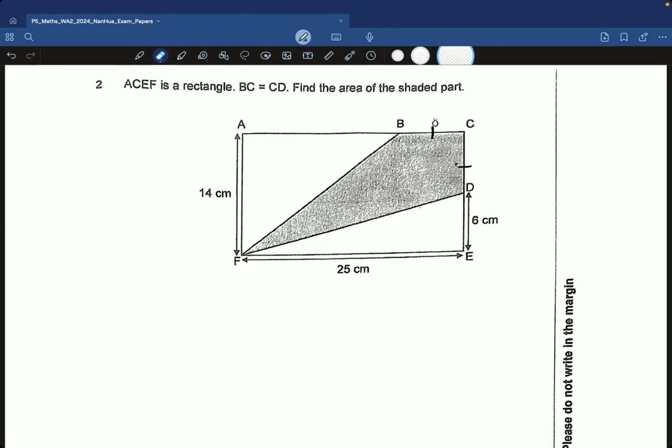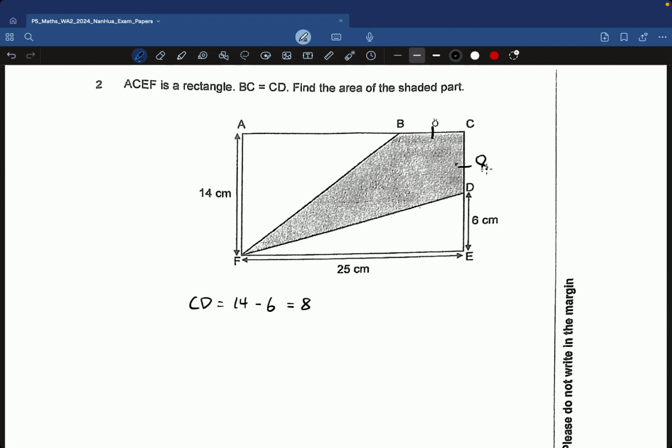So what we're going to do is calculate what this length is. We know that this is 6 centimeters. So the leftover is basically 14 centimeters. So line CD is equal to 14 centimeters minus 6. This will be 8.